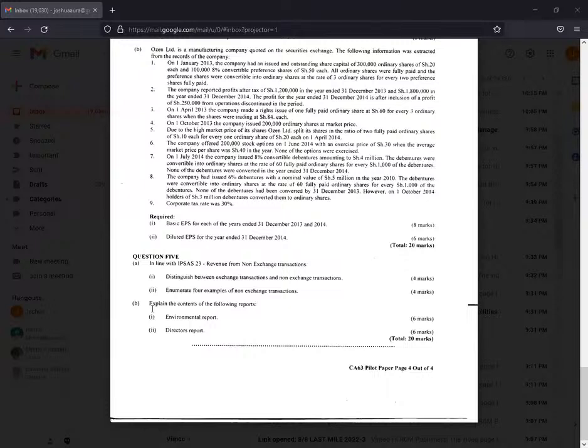Like now, in line with IPSAS 23, revenue from non-exchange transactions. This lesson has taught you very good things. Distinguish between exchange transactions and non-exchange transactions. Out of 4, always talk about it. Enumerate 4 examples of non-exchange transactions. Explain the contents of the following reports: environmental report, director's water report. Look at those number of marks.